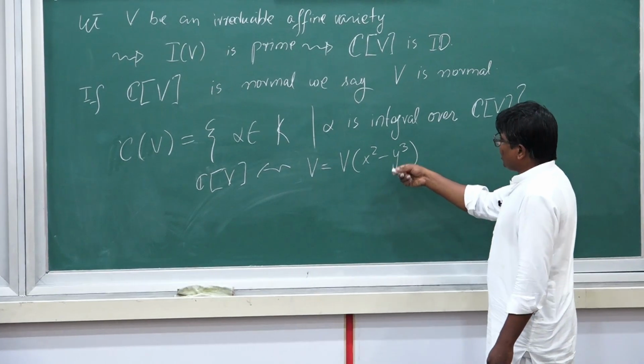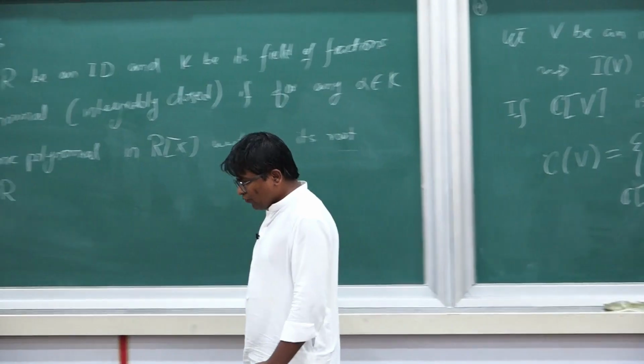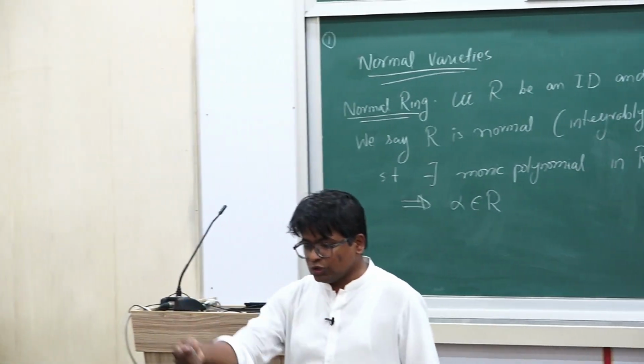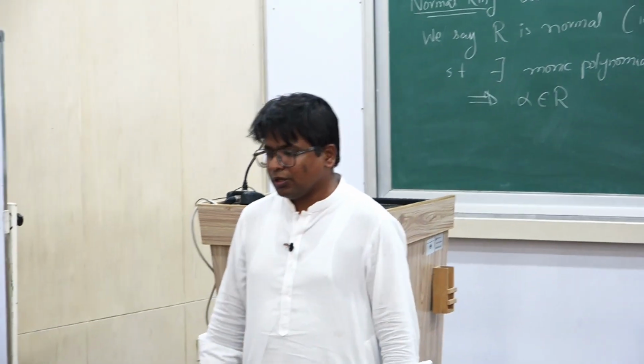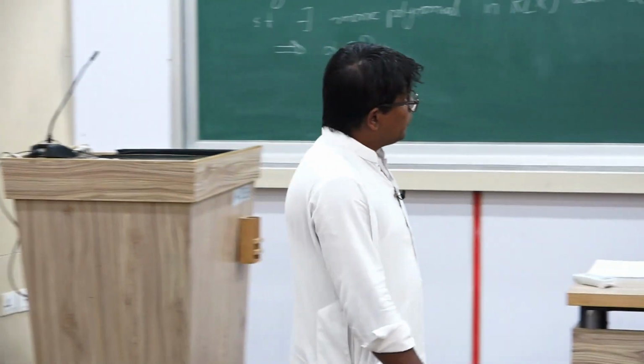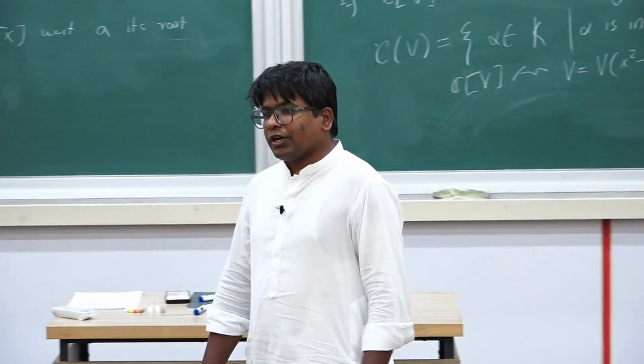By the way, the reason why I'm going to focus on these is that this normality gets associated very easily with something called the strongly convex property of a polyhedral cone. So for us, seeing whether some variety is normal or not is very easy.